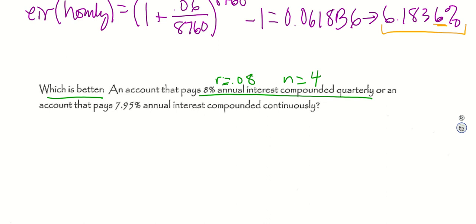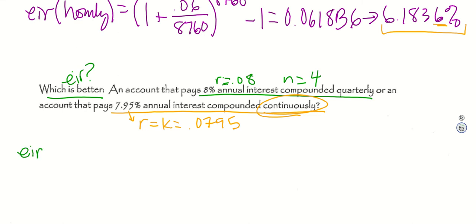Or an account that pays 7.95% interest compounded continuously. So in this we would get that r, or k, if we want that form, is 0.0795 and it's compounded continuously. So when we ask the question, which is better, what we're really looking for is what is that effective interest rate? So let's look at that.